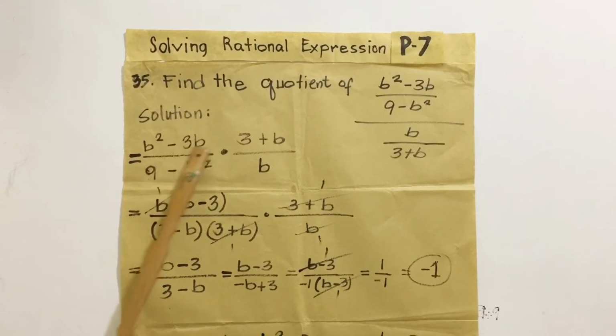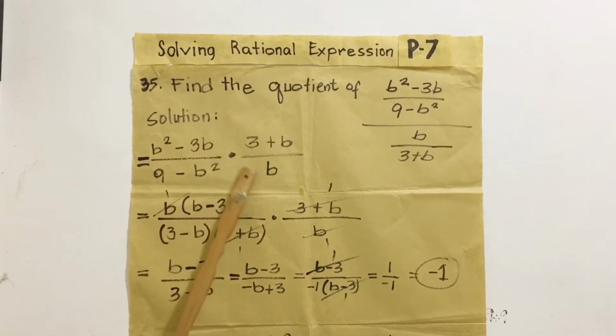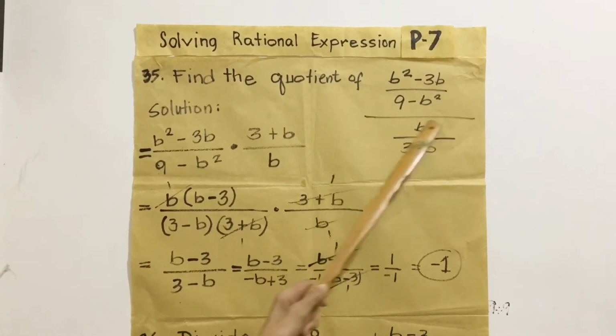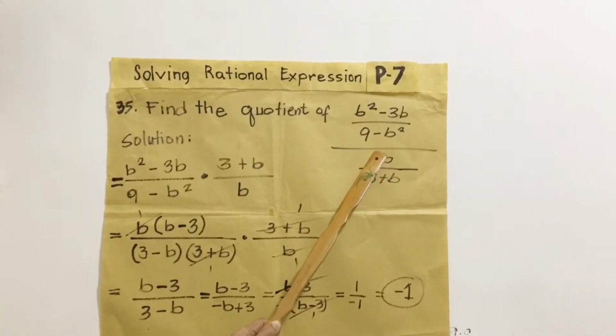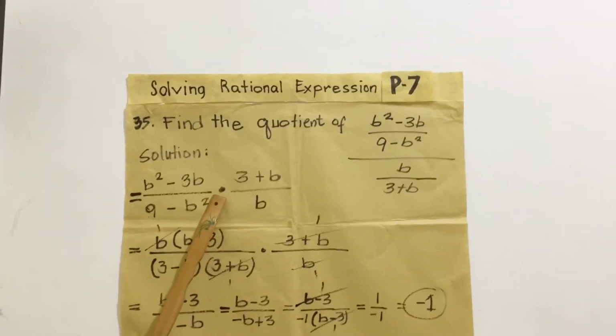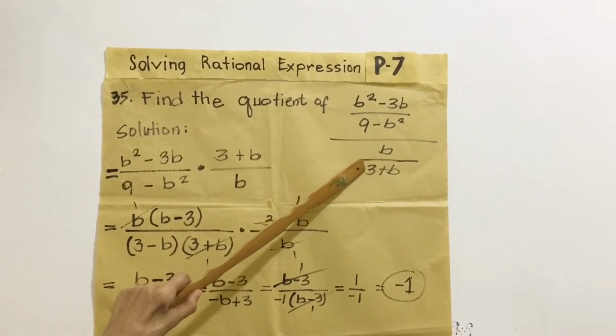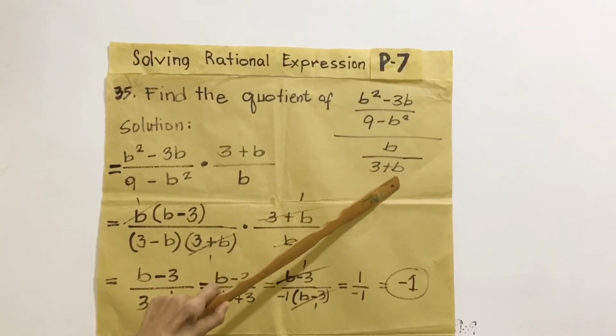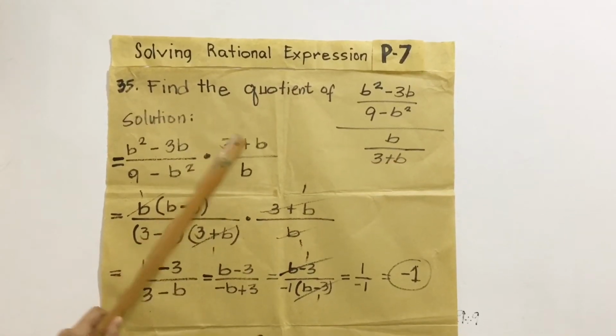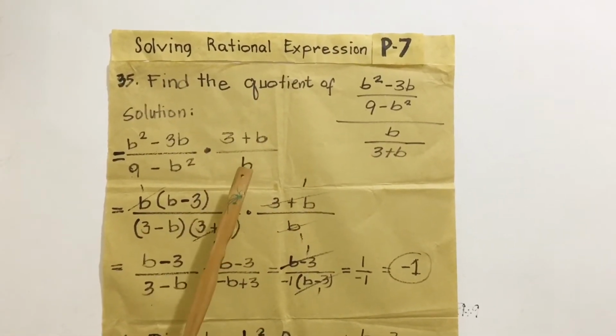So b squared minus 3b over 9 minus b squared. Then this is a division line, so we're going to change it into multiplication, and we're going to reverse this rational expression. So 3 plus b will be the numerator and b will be the denominator.